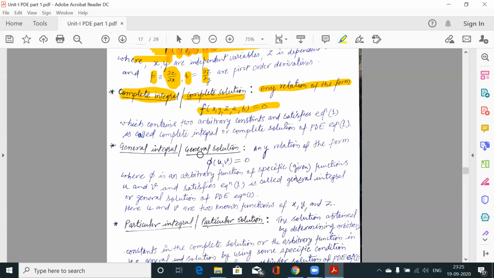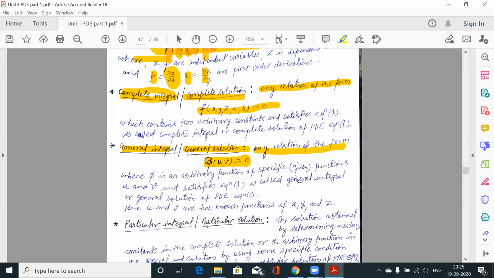Now the general solution or general integral, we use both terms frequently; they are the same. Again I want to remind you about the previous lectures. We formulated the PDE with two concepts: by eliminating arbitrary constants and by eliminating arbitrary functions.